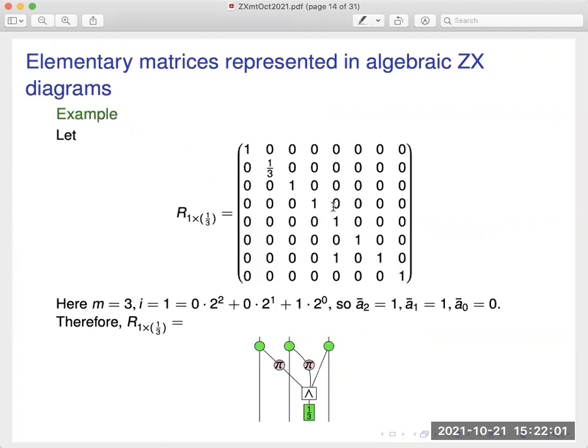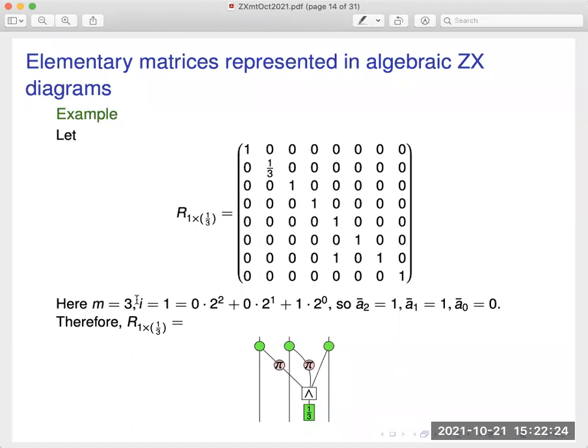So I will give you an example. Here, if I have an 8 by 8 matrix, that means m equals 3, right? For the second row, counting from 0, if I multiply by 1/3, then this matrix is like this.